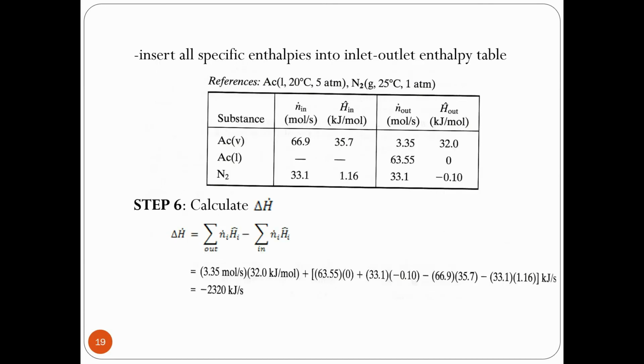So later when you have determined all these H2, H3 and H4, make sure you insert all these specific enthalpies that you have found into the inlet outlet enthalpy table that has been drawn at step 4. So make sure you have completely determined all these specific enthalpies.